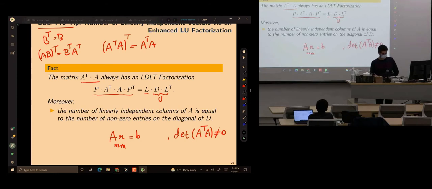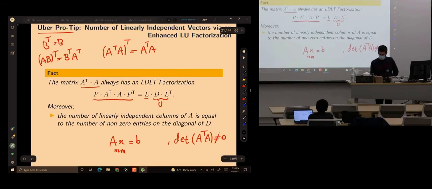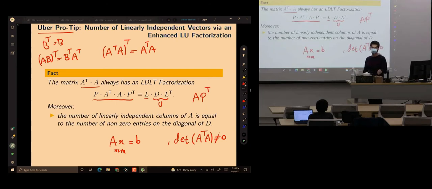So if you do A P transpose, this will give you the corresponding columns, right? The columns of A P transpose will match the columns of L. Again, if you do it in Julia, you need to check how the algorithm works, but ultimately, if you have the permutation matrix, regardless of that, you can recover it. So you can look into A times P transpose.